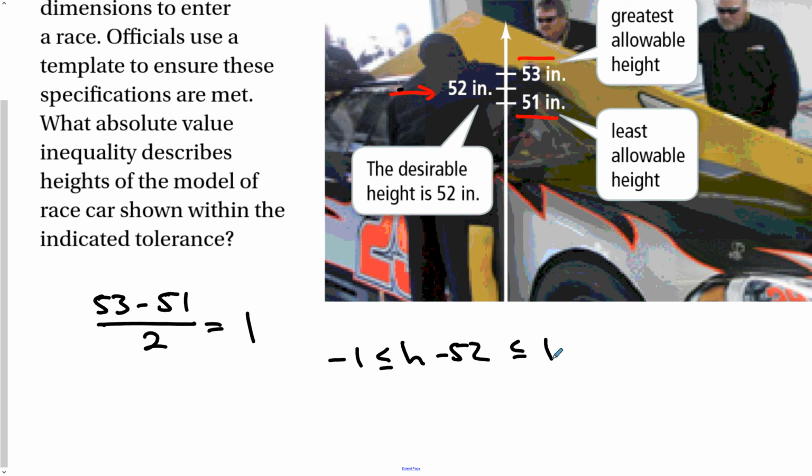When I have a situation like that, I can write it as an absolute value equation, and I would use less than because I want it to be in between. I want all the answers to be in between negative 1 inch and positive 1 inch, so I could rewrite it like that. Okay? Just a little problem to help you realize that we can actually use absolute value equations for something besides just distance.